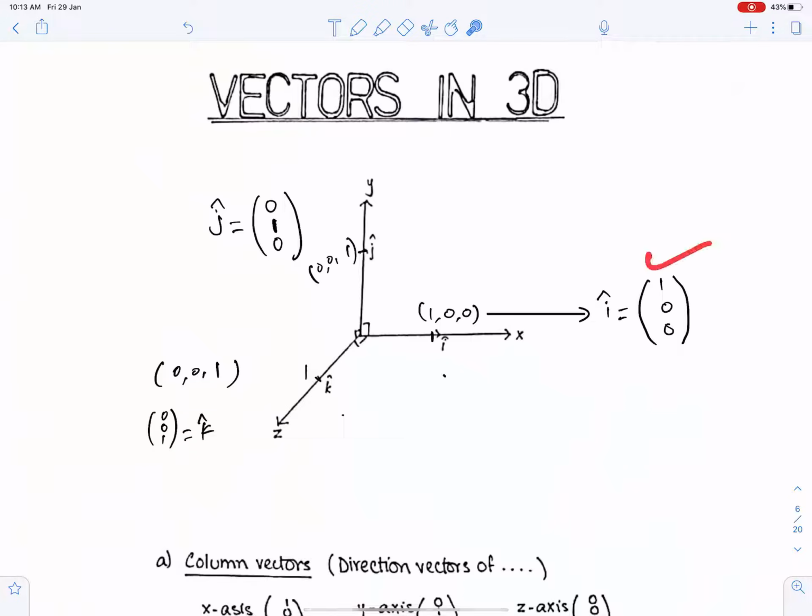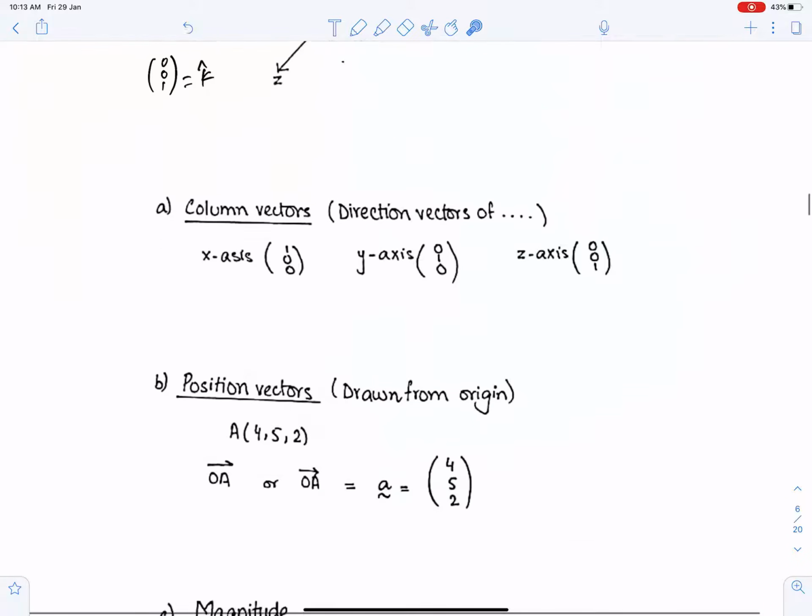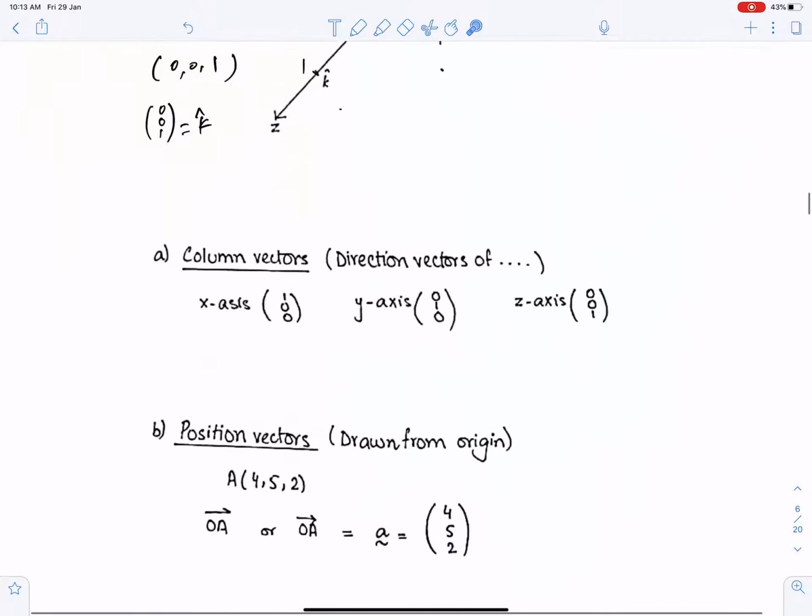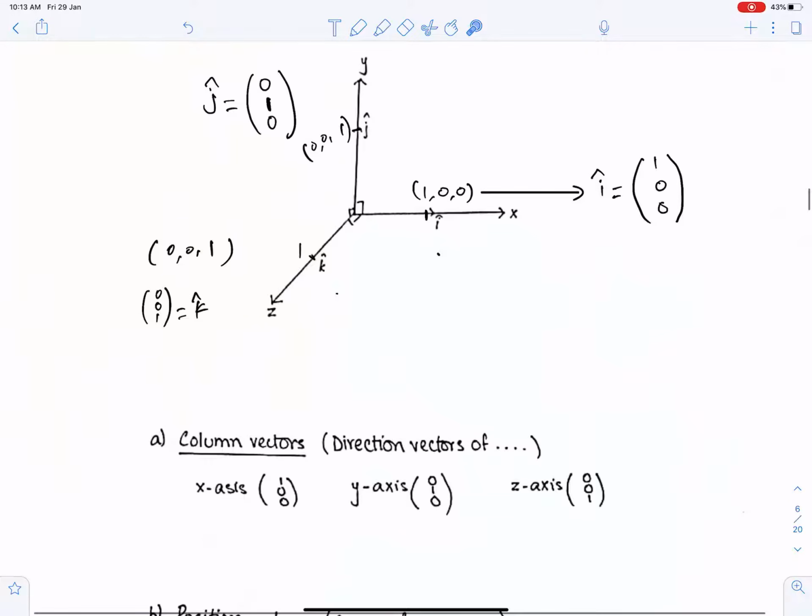Make sure you learn these vectors by heart. The direction vector of the x-axis is this, the y-axis is this, and the z-axis is this. In column vector form and in ijk form, you can write this as just i, this is equal to j, whereas this is equal to k.